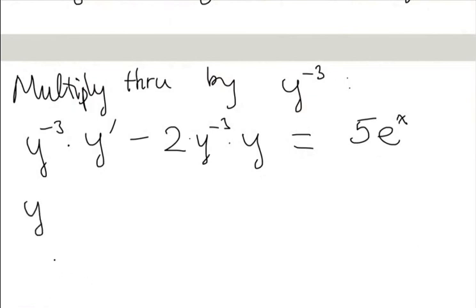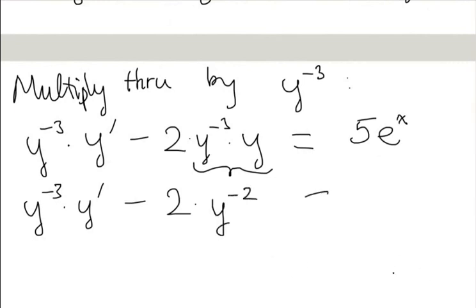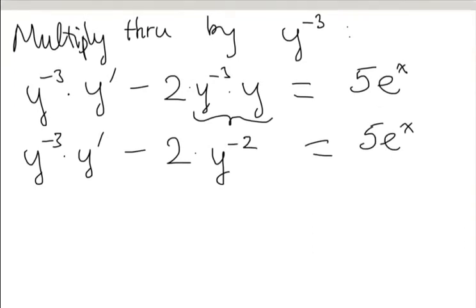And simplify the middle factor. We have y cubed, y to the negative 2, times y becomes y to the negative 2, equal to 5e to the x on the right hand side.